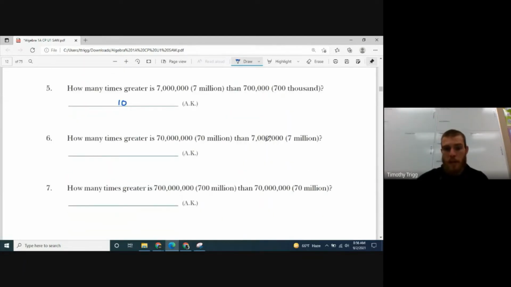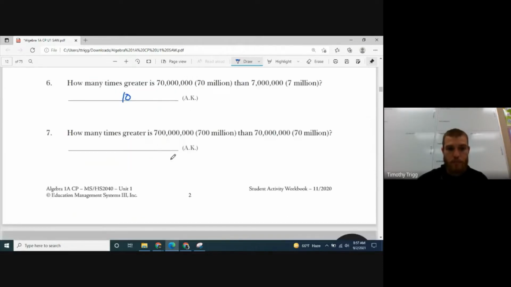From 7 million to 70 million, how many times greater is 70 million? Well, it's just adding one 0, isn't it? So that would be 10 here as well. From 70 million to 700 million, same thing. You're just adding one 0.